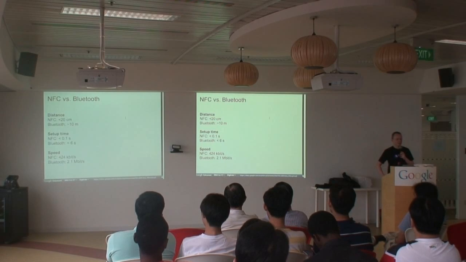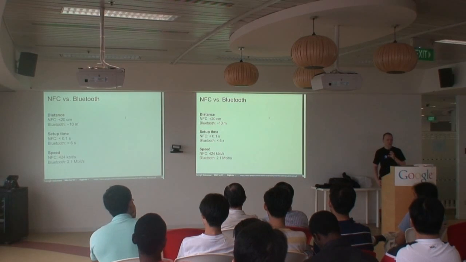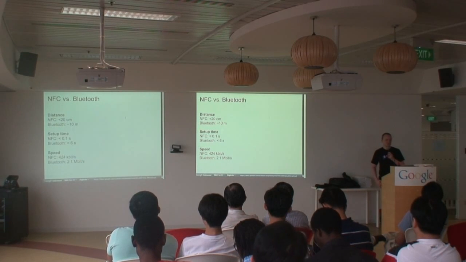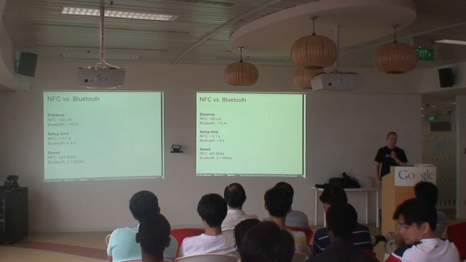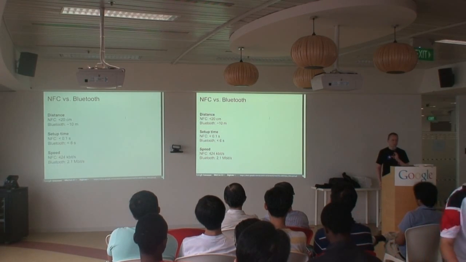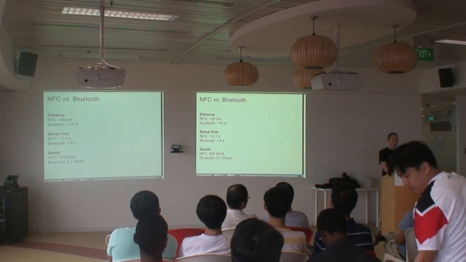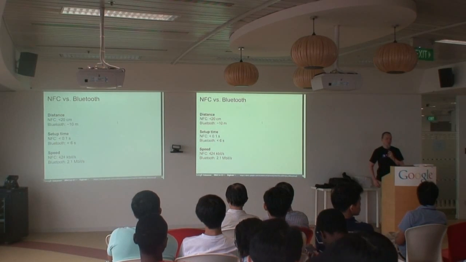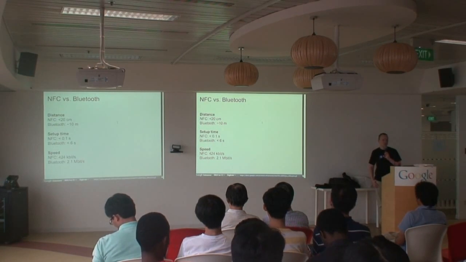If we compare near-field communication with Bluetooth, we see that the big difference is in the distance. Bluetooth can reach up to 10 meters, whereas NFC is somewhere below 20 centimeters, usually around 10. But the big advantage of NFC is the setup time.